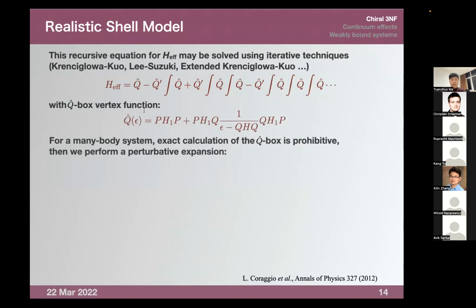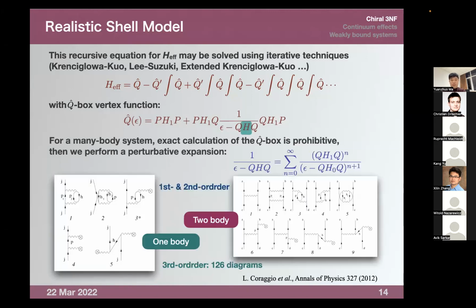To evaluate this vertex function, we performed a perturbation expansion. Those diagrams you can see are 1-body diagrams up to 2nd order, and those are the 2-body ones up to 2nd order. If we go up to the third order, there are in total around 126 diagrams. More details can be found in this reference.